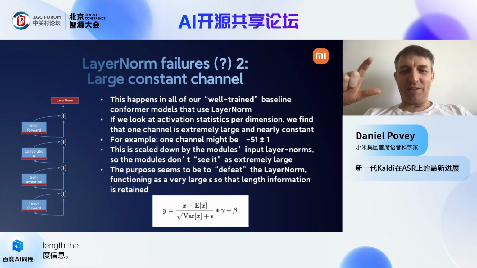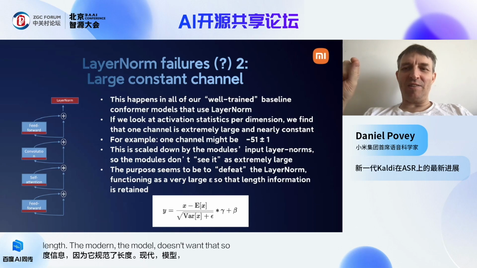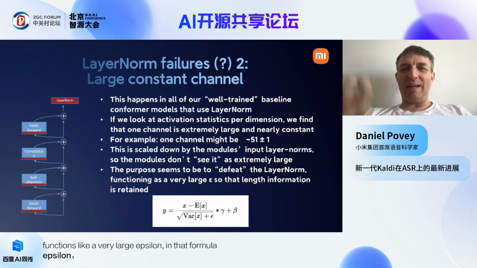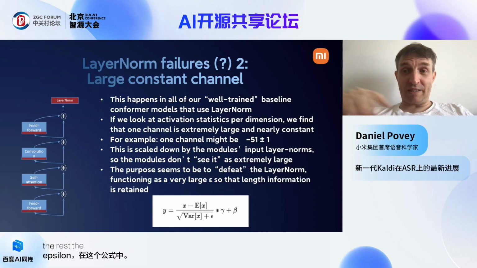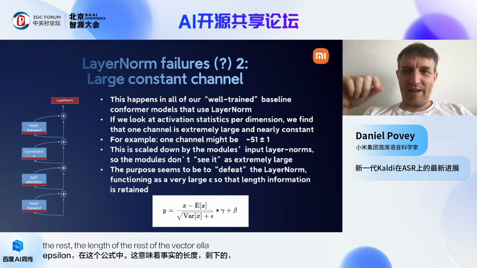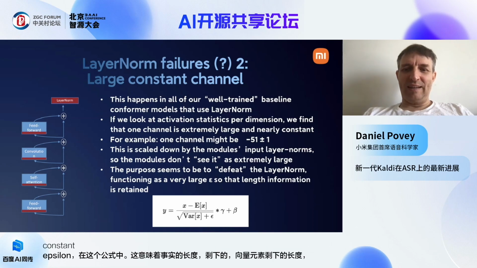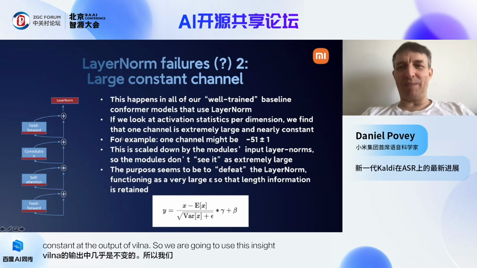The model doesn't want that, so it adds this large constant value, which functions like a very large epsilon in that formula, and that means that the length of the rest of the vector elements, excluding that one large value, is almost constant at the output of the LayerNorm. So we're going to use this insight to help replace LayerNorm and to fix this problem.